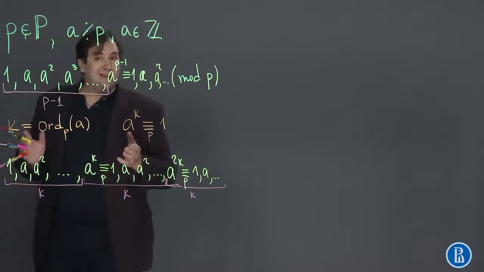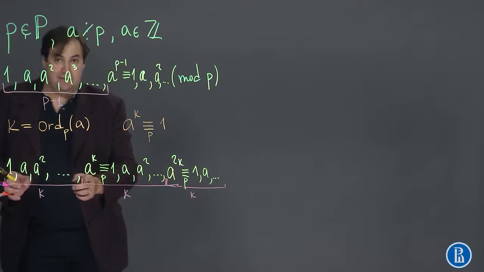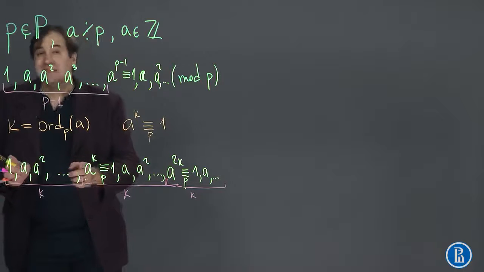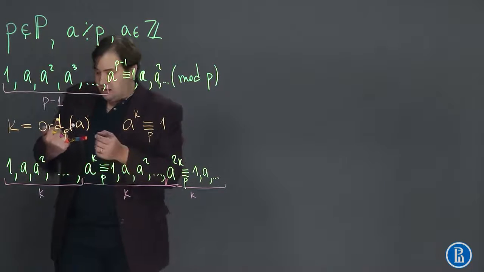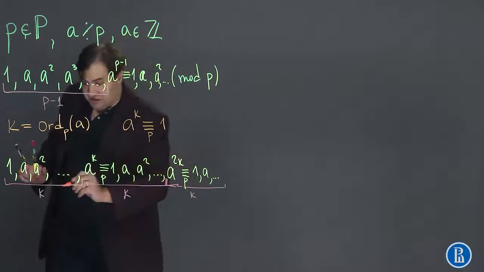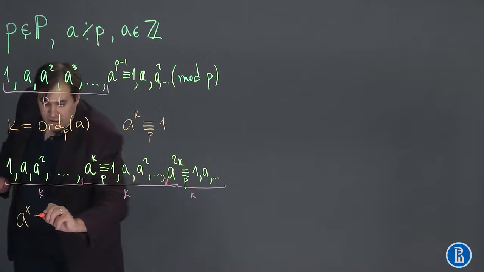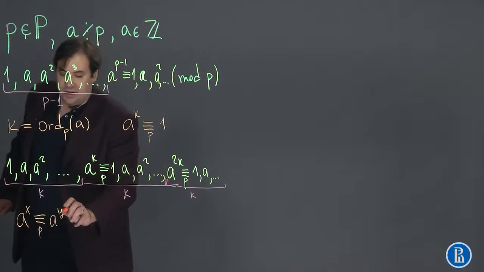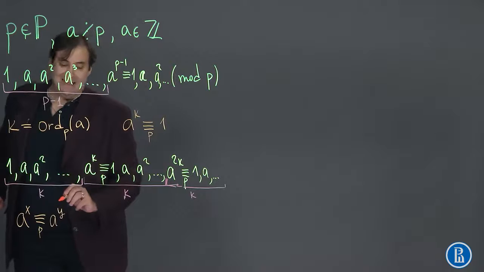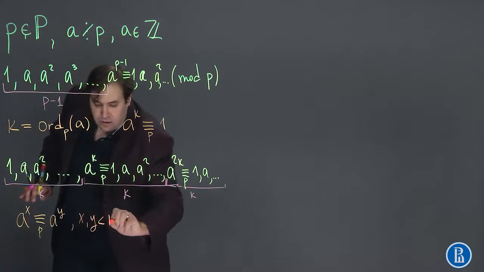Can we be sure that all of these elements are distinct? Well, this time the answer is yes, indeed. If some of these, say A to the power of x, is congruent to A to the power of y modulo P, where x and y are both less than K, why less?